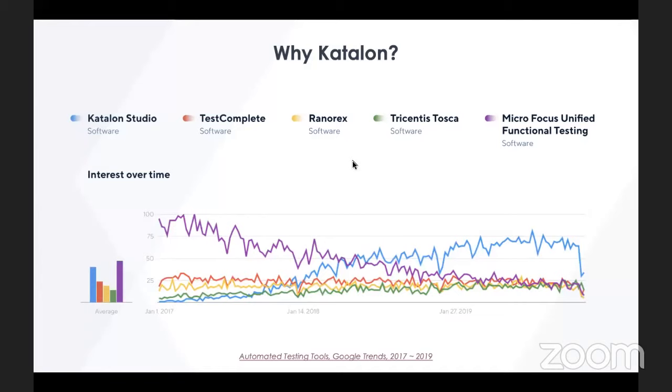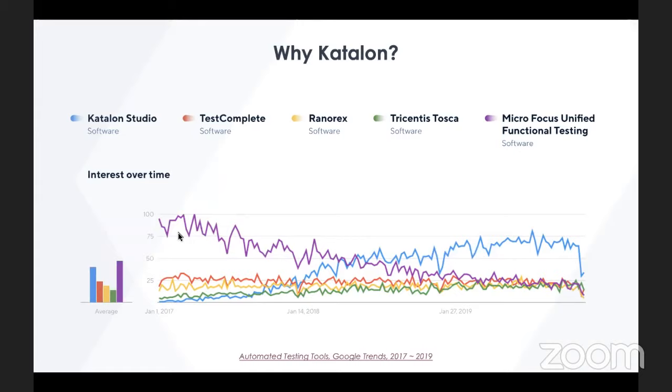Secondly, this is the trend from Google where we compare Katalon Studio with other top automated testing software, like TestComplete, Ranorex, TestArchitect of Logigear, and UFT of Micro Focus. You can see from the trend in the beginning of 2017, everything is just about UFT. They dominated the interest in automation software.